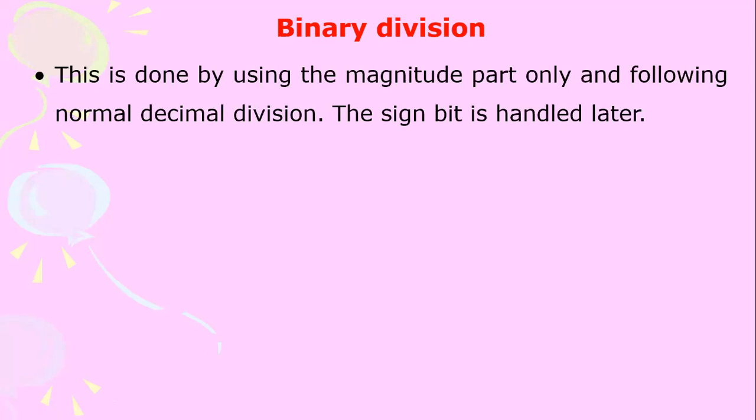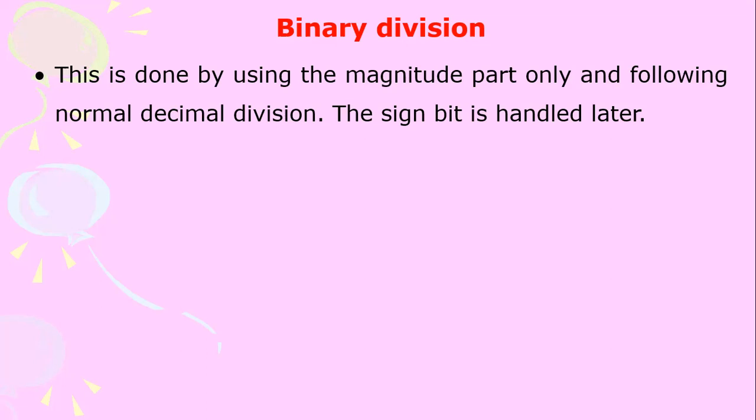What about binary division? How do we go about it? For binary division, it is done by using the magnitude part only and following normal division for decimals.